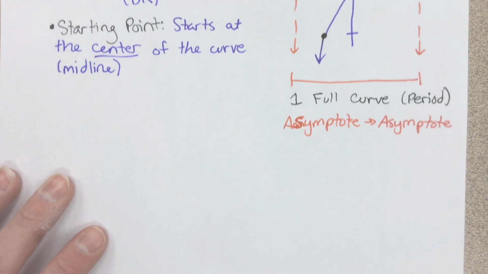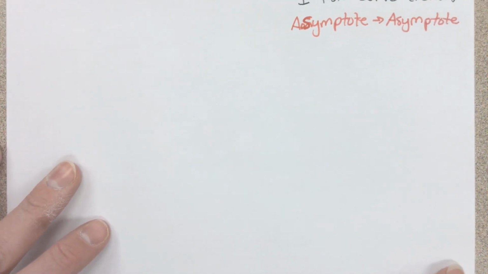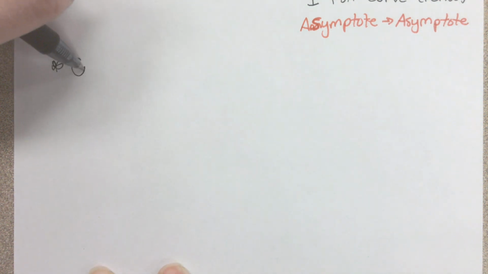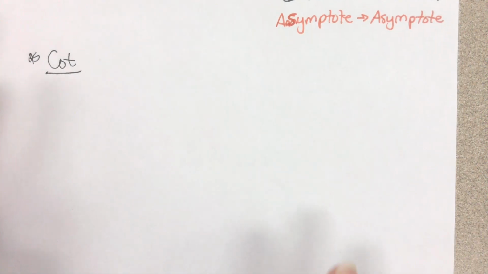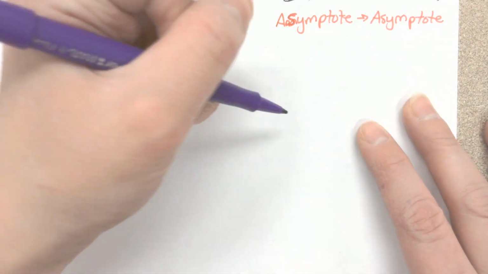Let's take a look at cotangent. They are very similar, and therefore can be easy to mix up at times. Cotangent. For this little drawing, we're going to draw it like the others where I kind of have the y-axis on the left side of the graph.